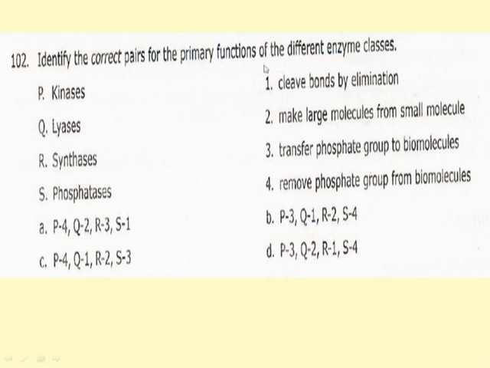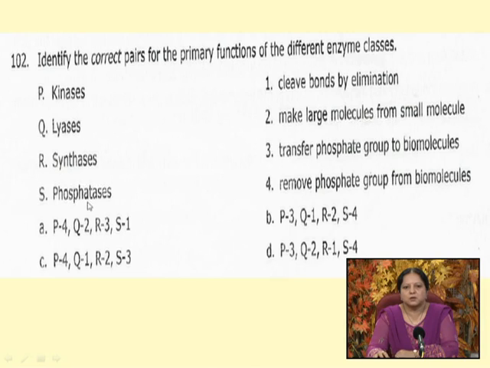Coming to some questions based on the enzyme classification, we see here that there is a match-the-following type of question where the different types of reactions are given, the reaction is given here and the group to which the enzyme belongs is given here.